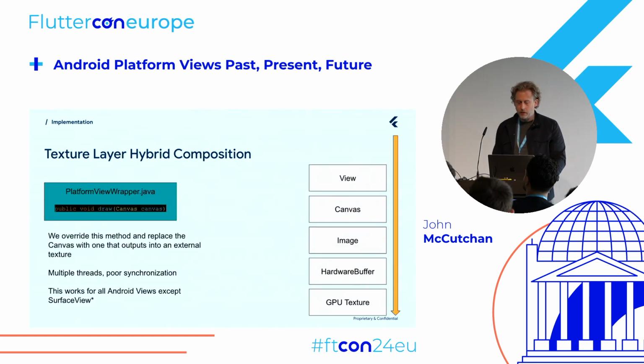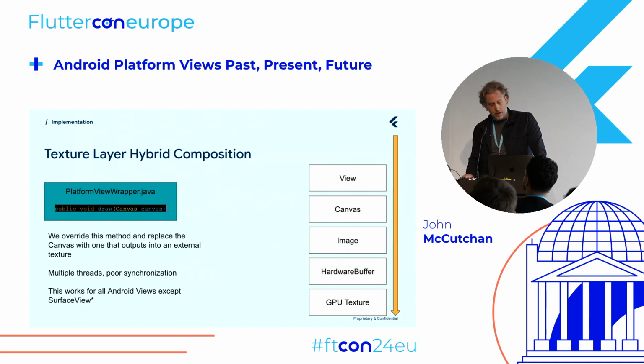And so here's how we do it at a very high level. I'm trying to give you all intuition here, not go into boring code-level details. We have an Android view, which we call the platform view wrapper. It's a pretty great name. Essentially it overrides the draw method, which is a standard Android view method, and you're given a canvas to paint on.